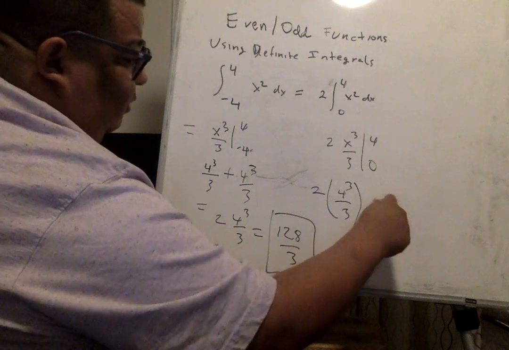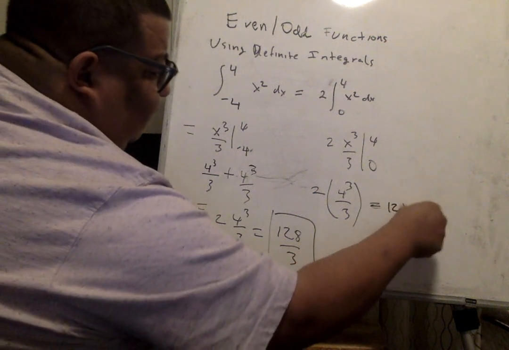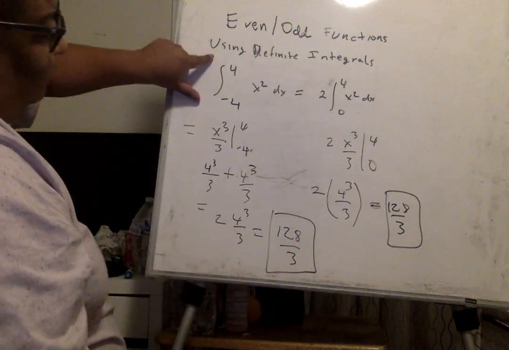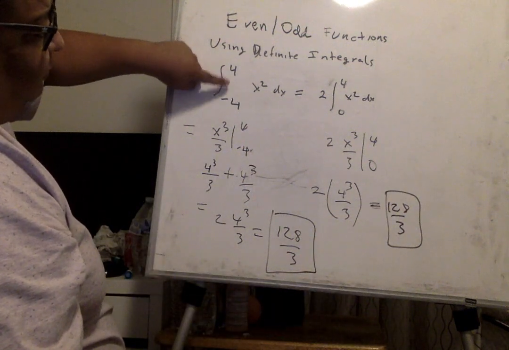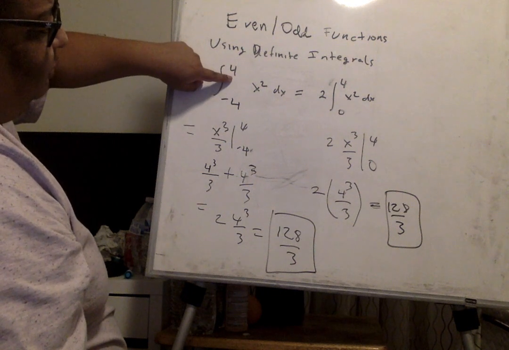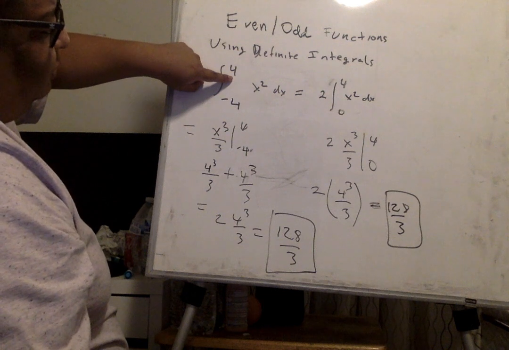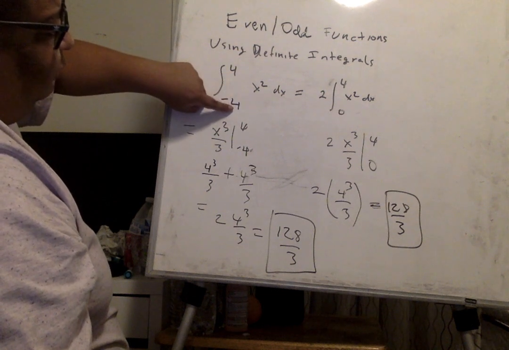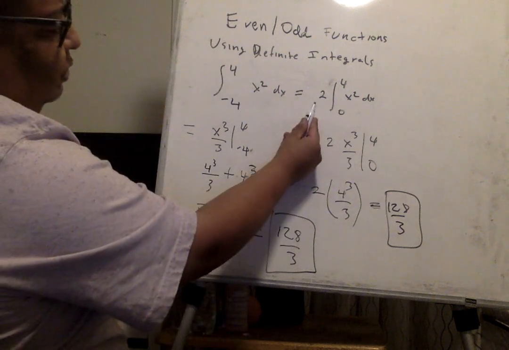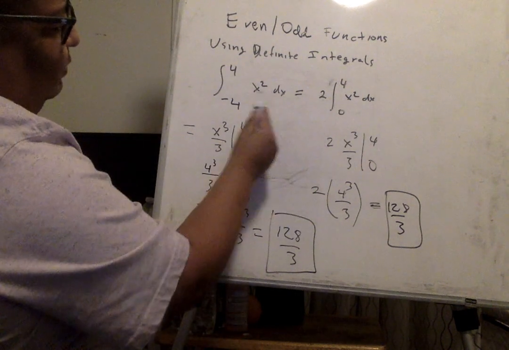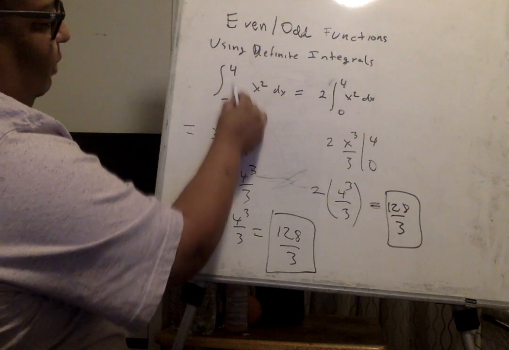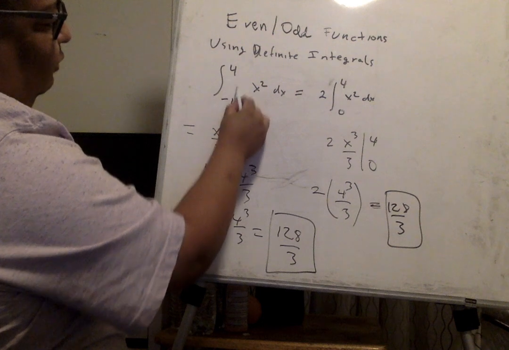So whenever you have a negative and a positive of the same endpoint, same magnitude, same number, for example here it's 4, but you have a negative and a positive, all you have to do is put a 2, multiply 2 times the integral from 0 to 4, instead of between negative 4 and 4.